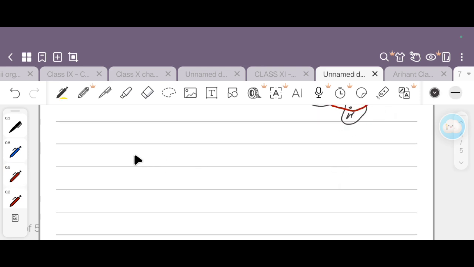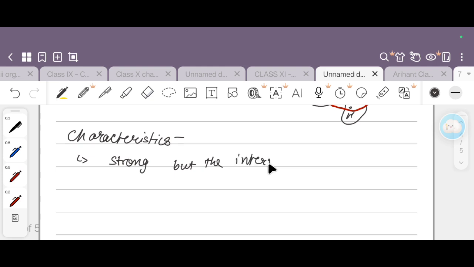So next we are moving to the characteristics of covalent bond. First characteristic, the bonds formed within the molecules are strong, but the intermolecular forces of attraction are very small.